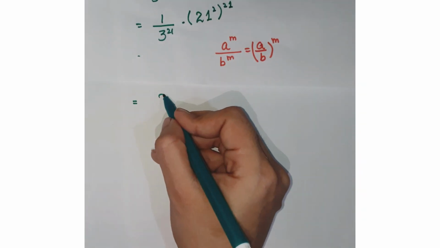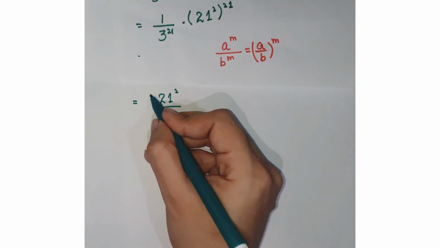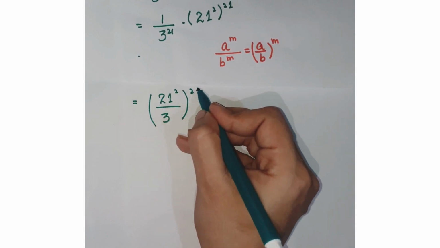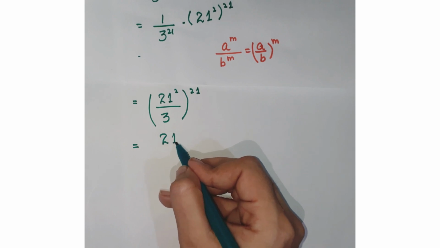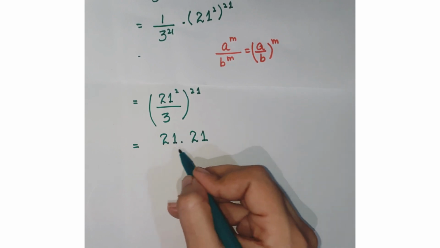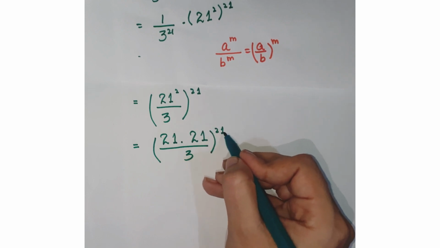Now you can write it as 21 square upon 3 whole to the power 21. Now write it as 21 into 21 upon 3 whole to the power 21.